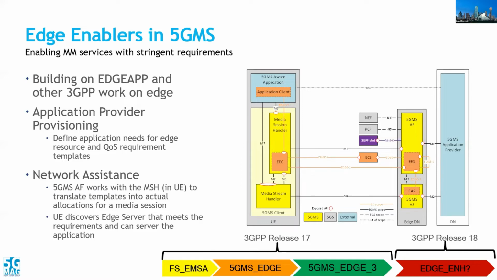So once that procedure is done, we provide information over M5 that would help the EEC discover these Edge resources or the proper Edge application server through the Edge-1 interface that's shown there. It contains things like filters to limit the set of Edge application servers that meet these criteria. So the client will get a short list of Edge servers that it can select from. So that's pretty much what we did: extensions to M1 and M5.